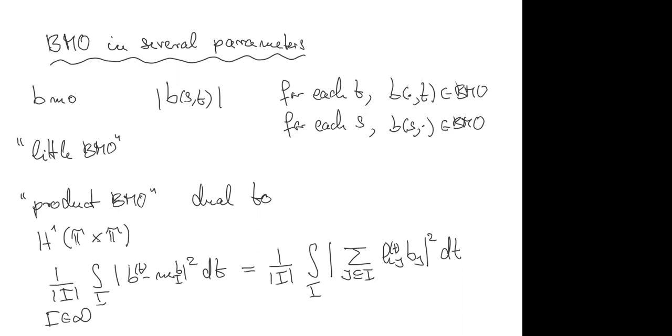And for the product BMO, this is the one where you take an arbitrary open set omega, you look at all the dyadic rectangles, that's a product of two dyadic intervals, and you look at the L2 norm of this thing, and then you divide by the size of this open set omega.